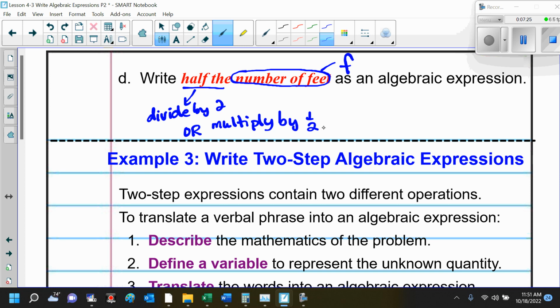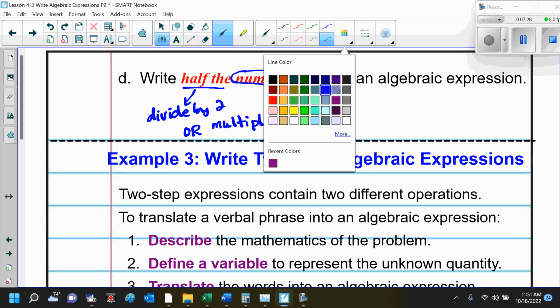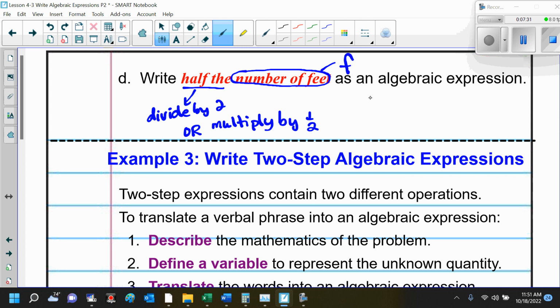So we could say the number of feet split in half or divided by 2, or we can write 1/2 times F for feet. Okay, and let me show you why we can do that. So here, doesn't 1/2 times F also mean 1/2 times F over 1? Doesn't that mean the same thing? So if I multiply straight across, I'm going to get F over 2. Does everybody see that's the same thing?